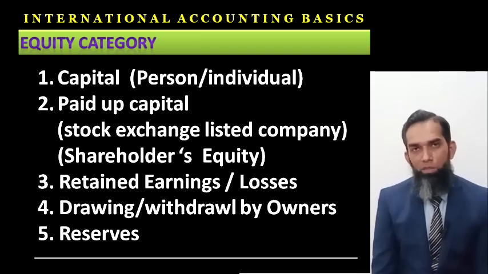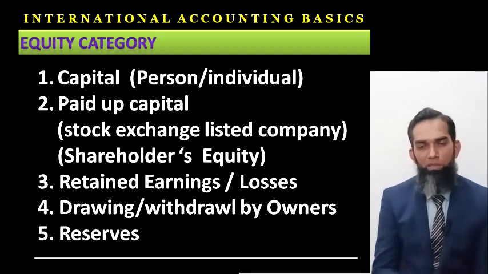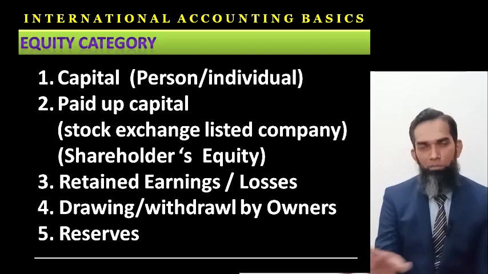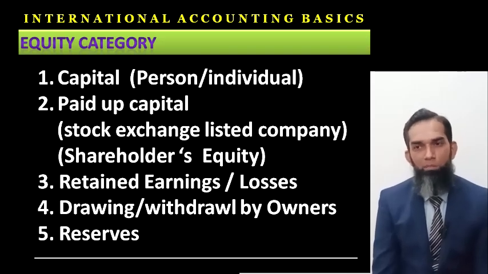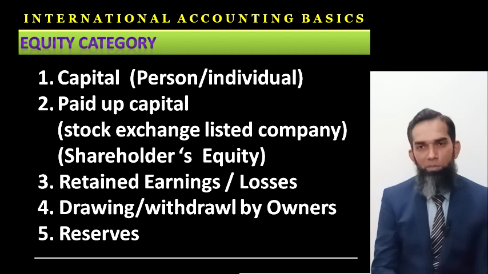And the fifth one in equity is reserves. Reserves are the amount that has been fixed for some special purpose by the company, that is not being used for working capital or to acquire assets.